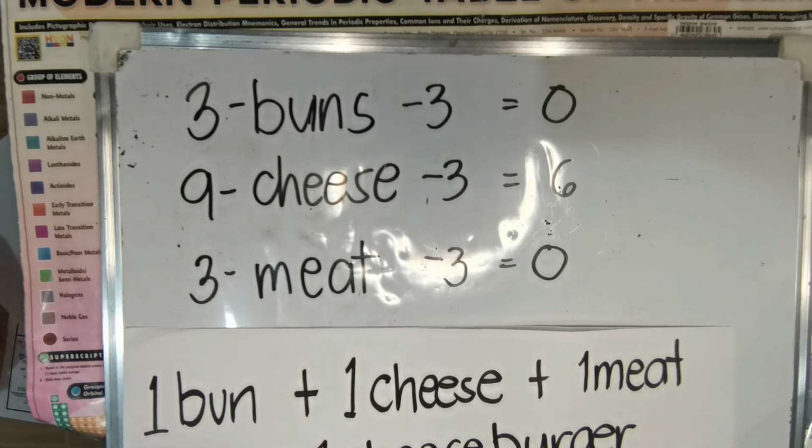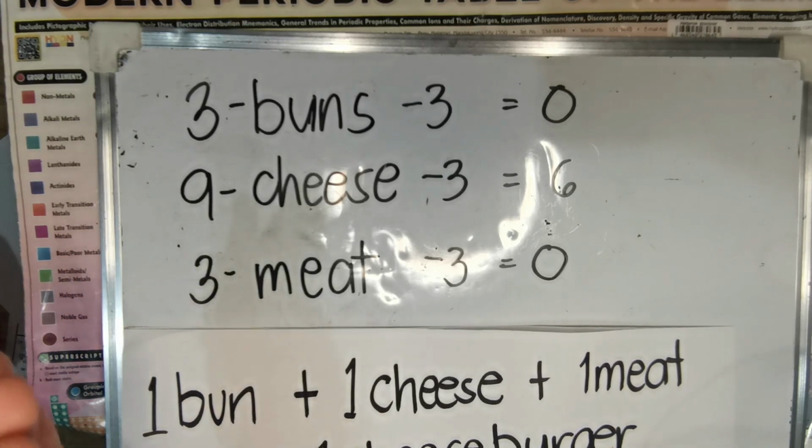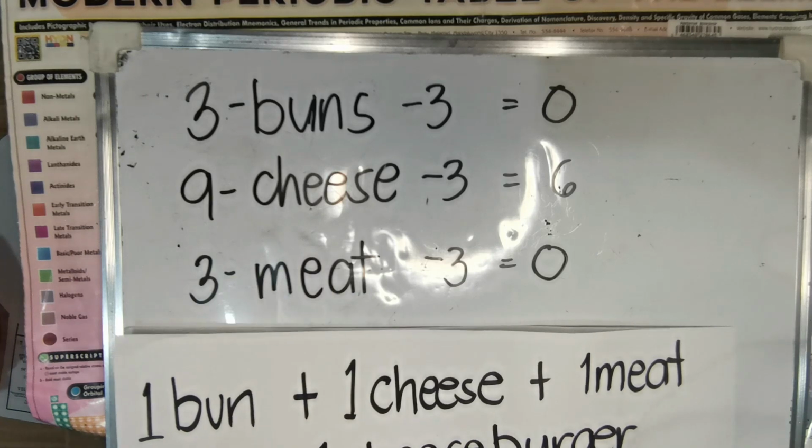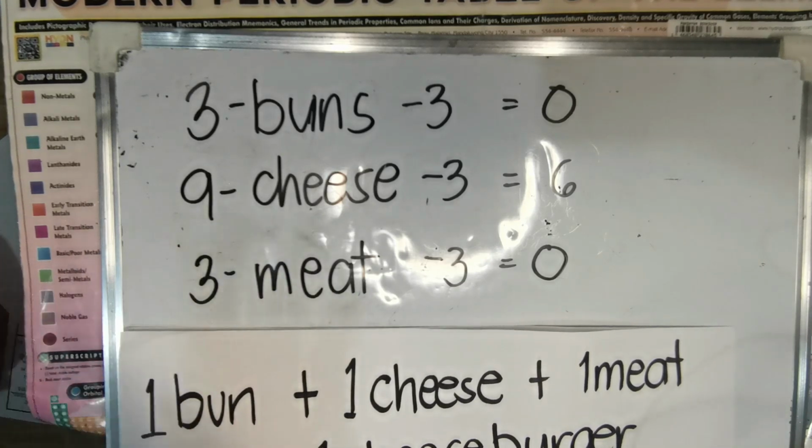When we say limiting reactant, it is the reactant in a chemical equation or reaction that limits the amount of the product that can be formed. In Tagalog, ibig sabihin, ito yung nauunang nauubos at nagiging dahilan kung bakit naglilimit yung reaction, nag-i-stop yung reaction.